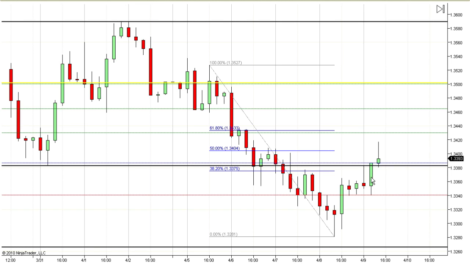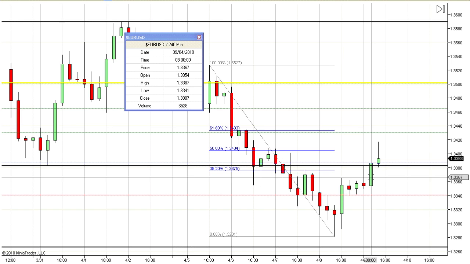So my long entry was there above that bar, which was 133.87. So rounded up, including the spreads, that's come to 133.95.